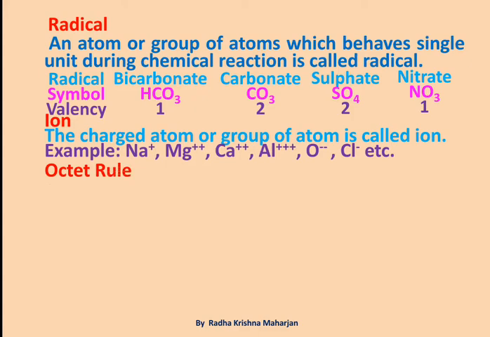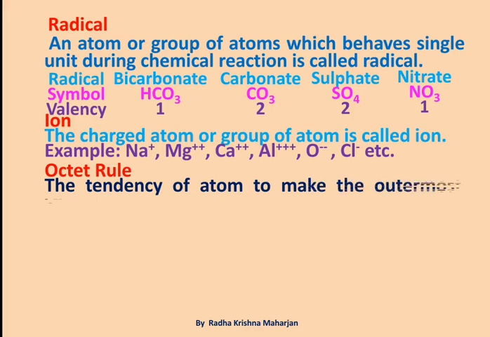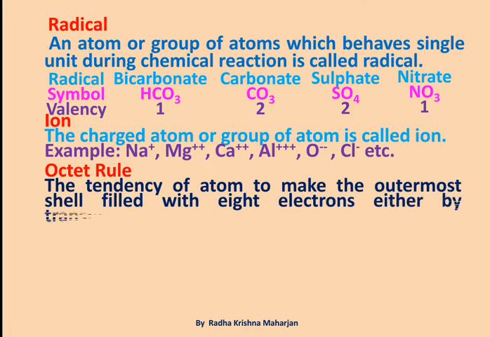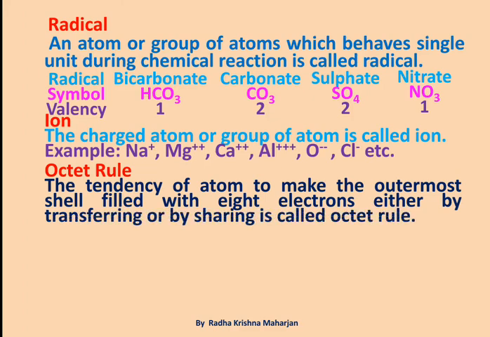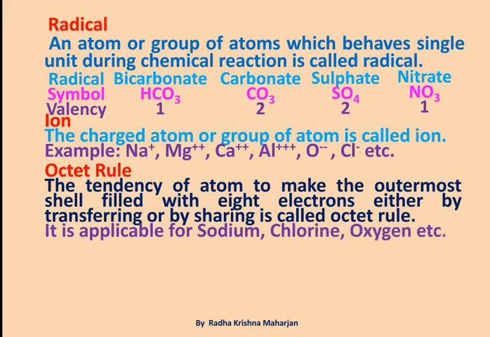Octet rule. The tendency of atom to make the outermost shell fill with 8 electrons either by transferring or by sharing is called octet rule. It is applicable for sodium, chlorine, oxygen, etc. Duplet rule.